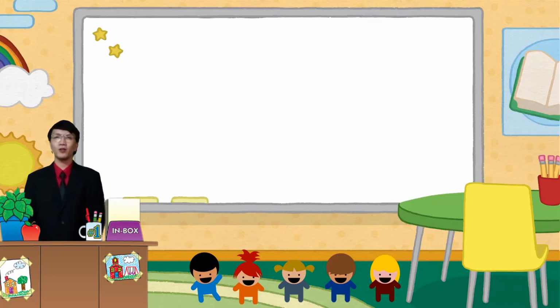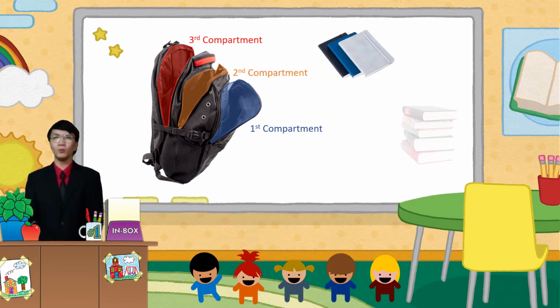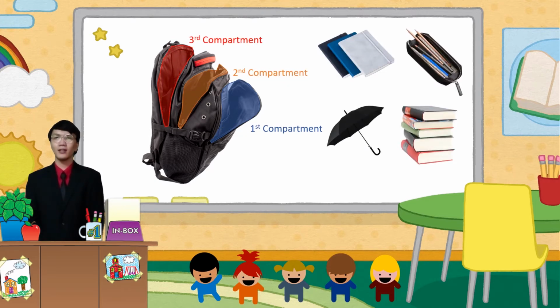So let's check for comprehension. I have here a backpack, notebooks, books, an umbrella, and a set of pencils inside a pencil case. Since I have these items with me, let's consider the backpack as the universal set.